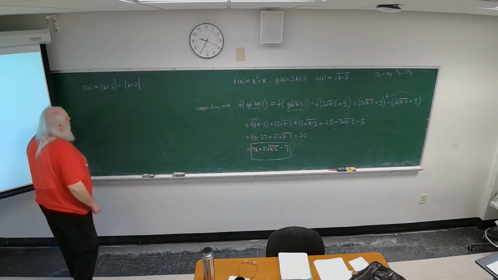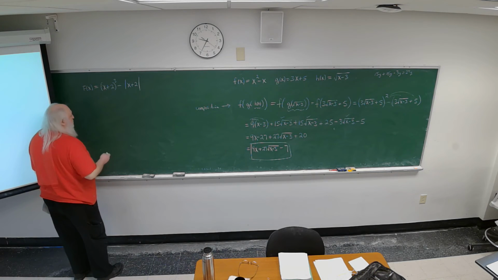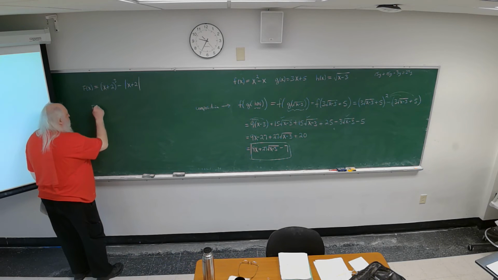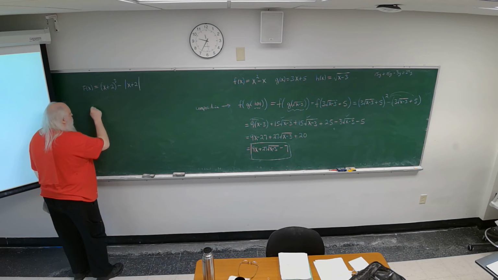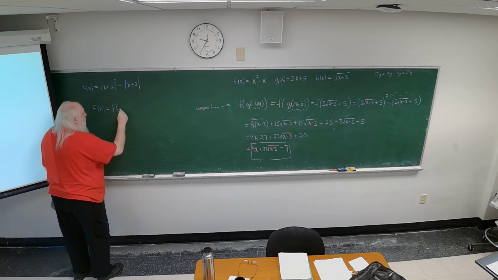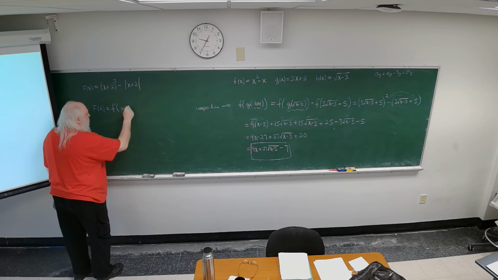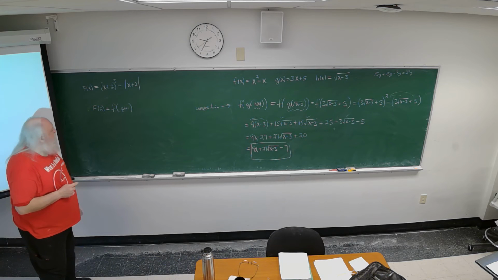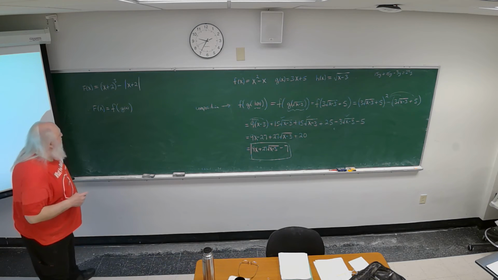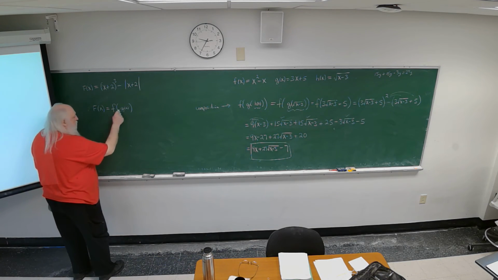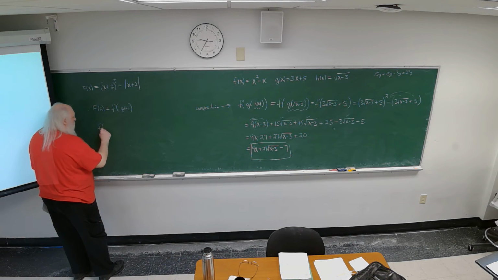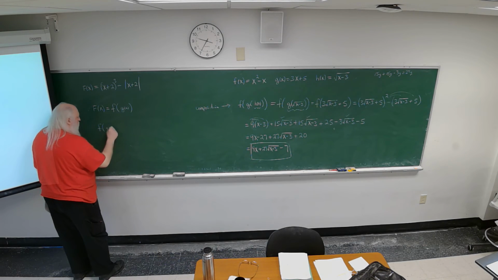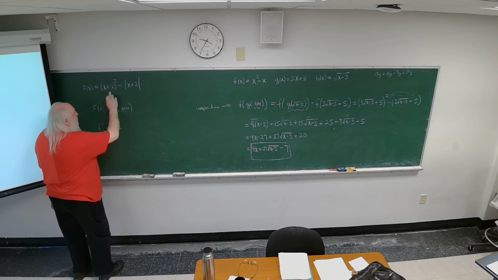So we've got to find two functions, f of x and g of x, such that big F of x is equal to little f of g of x. Okay? So we've got to find little f and little g so that their composition is equal to this up here.